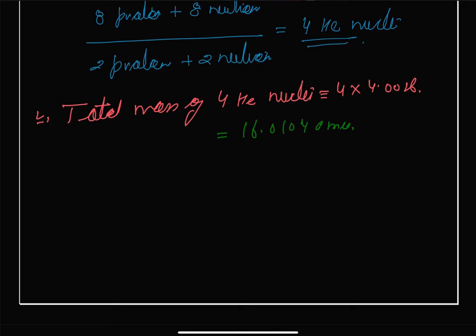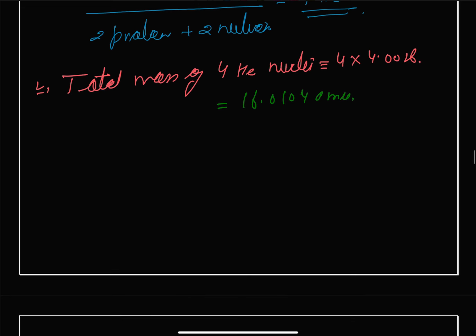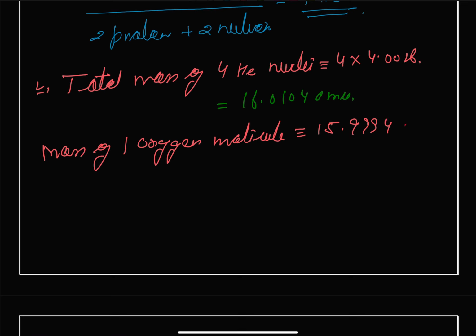And for one oxygen, mass is already given to us. So we are given that the mass of one oxygen molecule is 15.994 AMU.